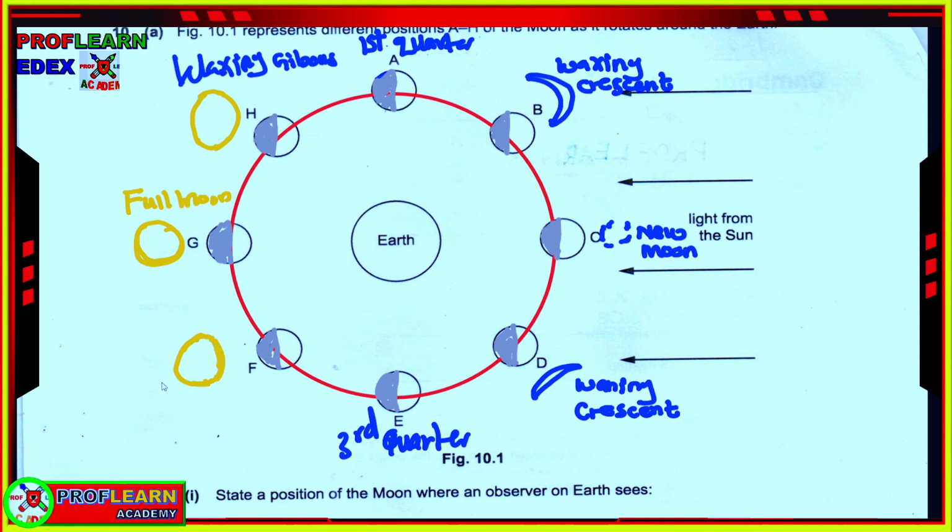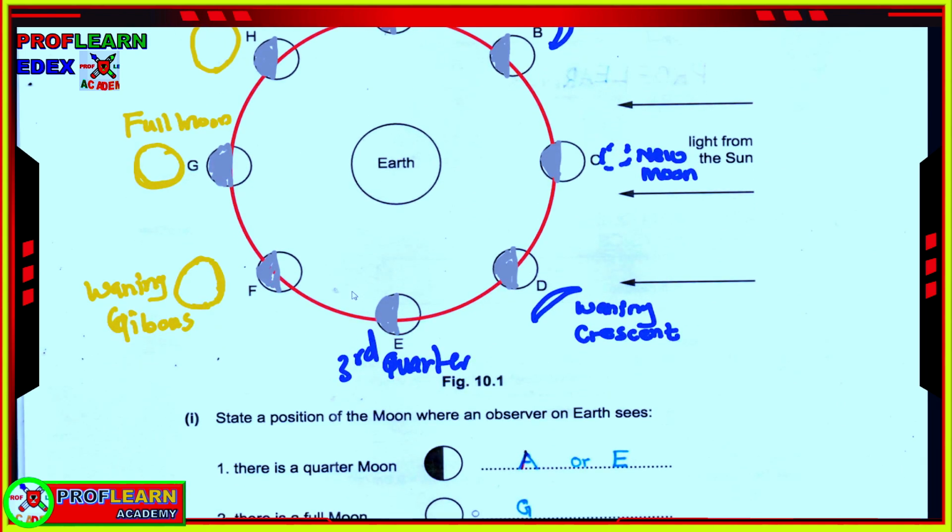Those are the different shapes of the moon as it rotates around the earth.